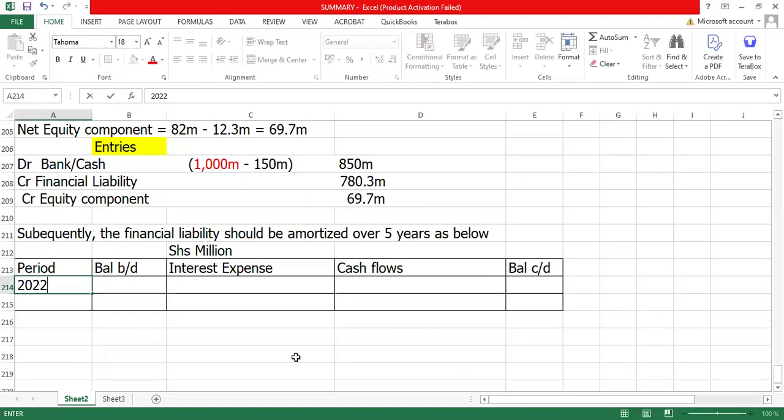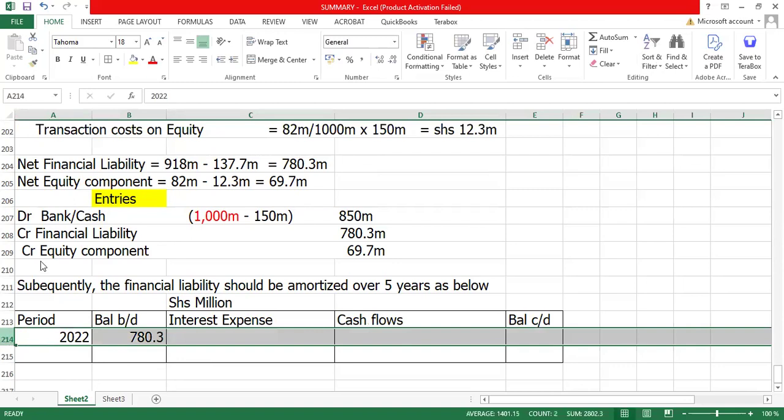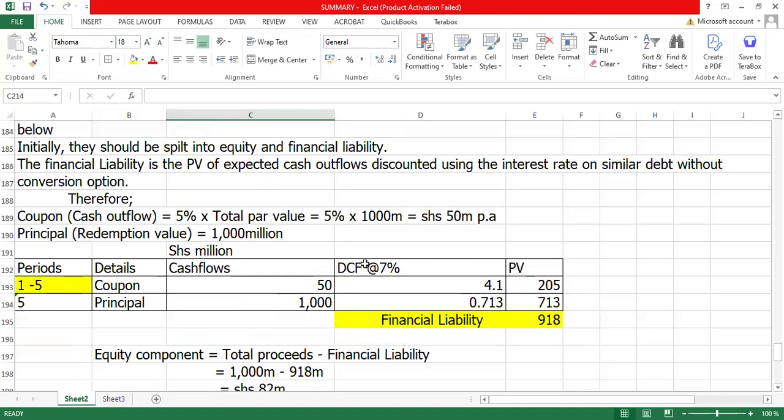At the end of 2022, our balance brought down will be what? This is the financial liability. Initially, you had 780.3. Then the interest here, which interest do you put here? You put the other interest, not this one. Please, colleagues, as you practice these questions, you need to understand this.